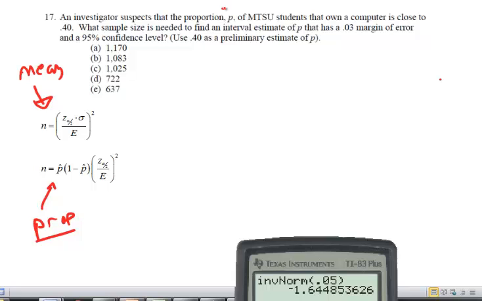So when you start seeing proportions or percent, this is the one we're going to use. We're talking about p hat, sample proportions, right? So our preliminary estimate of p is 0.4, so that goes in for p hat here.